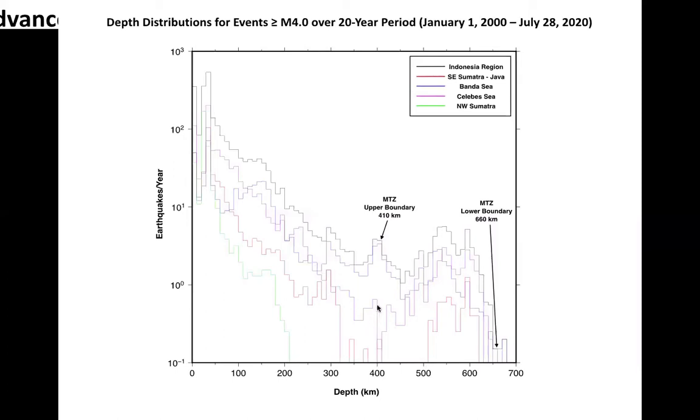And there's a similar decrease in seismicity in this purple curve here. So we'll investigate these observations later. But the important thing to remember as well is that as these intermediate and deep earthquakes trace the geometry of subducting slabs, we should be able to see these in cross-section.